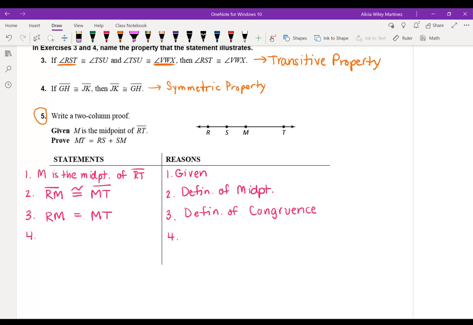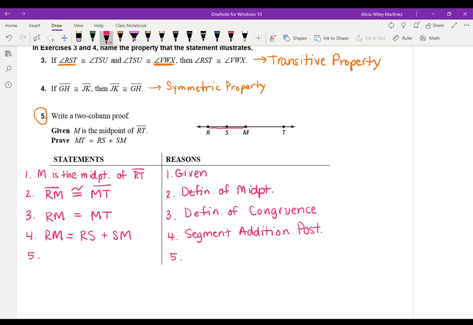So I'm going to go ahead and do segment addition postulate with RM. So I'm going to say RM equals the part RS plus the other part SM. And again, that's segment addition postulate. I'm going to abbreviate postulate, P-O-S-T. All right, I'm getting closer. So I'm on to step 5.